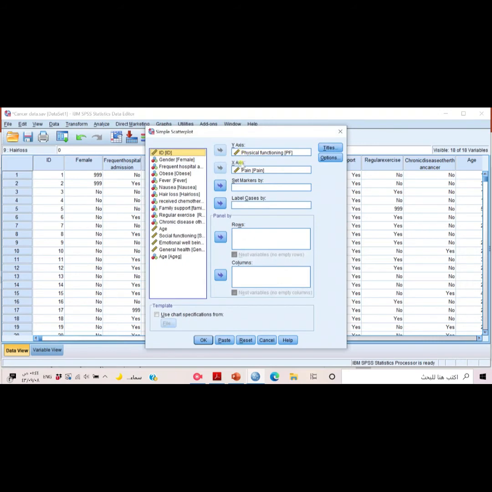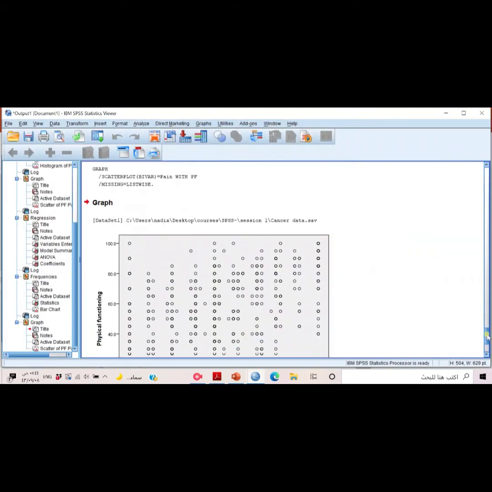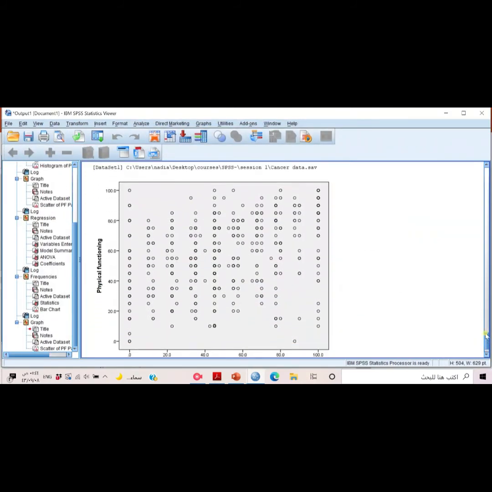So I will go to simple scatter. I will add here, for example, pain as a predictor, and as my response, the physical function. Okay, and I will press OK. This is a poor relationship, it's not supposed to be like this. If it appears like this, it means I cannot apply the linear regression because there is a violation of the assumptions.